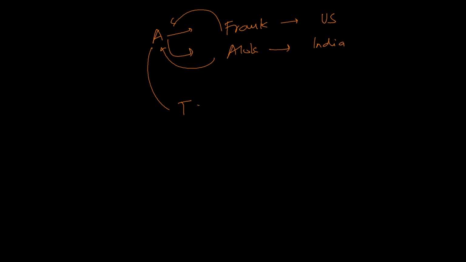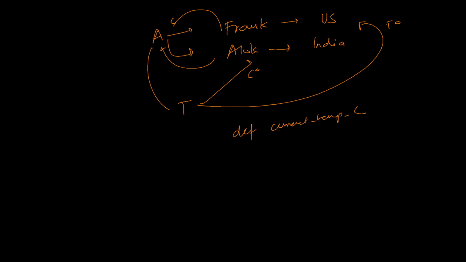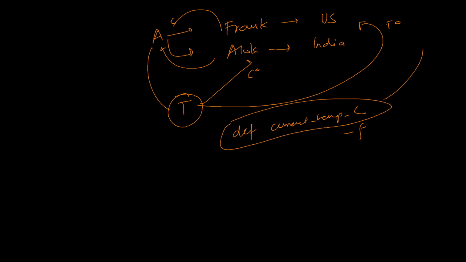To Frank, it needs to answer in Fahrenheit, but to Alok, it needs to answer in Celsius. And for both of them, we have different functions for some reason. So we have a function called def current_temperature_celsius, and similarly current_temperature_F. So now our agent needs to decide which function to call for which user.